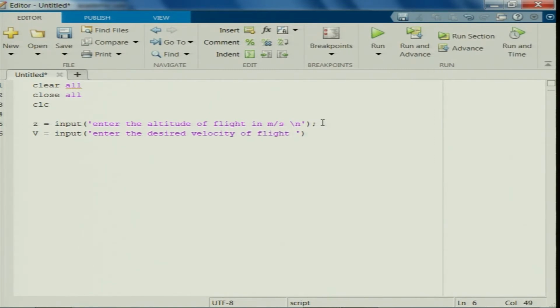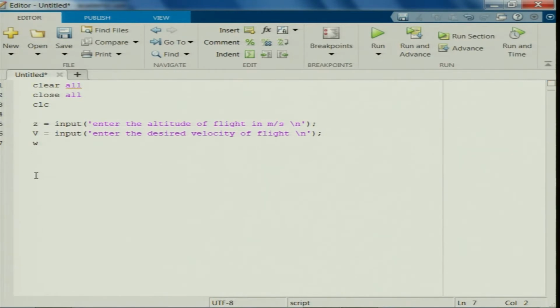We may not be able to generalize the design process. Based upon the mission requirements, you have to figure out which kind of subroutine to develop, with the respective variables. Since we have velocity as an input here, I am considering it as a desired velocity. The surveillance has to happen at a particular velocity.